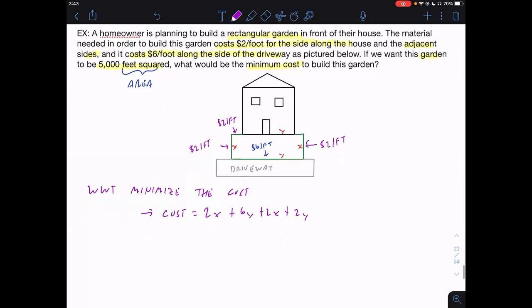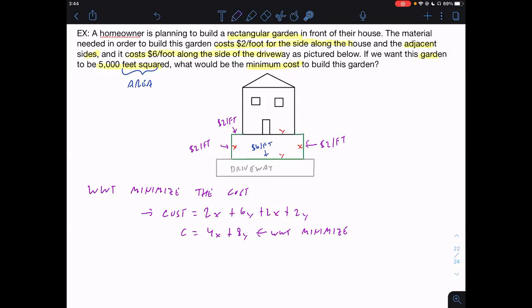All right, combining like terms gives us a total cost of 4x plus 8y. So that's going to be our total cost function. And this is the function that we want to minimize, the function that we're trying to optimize.